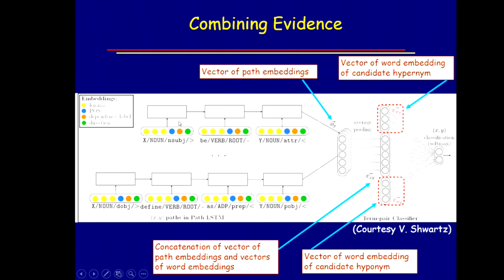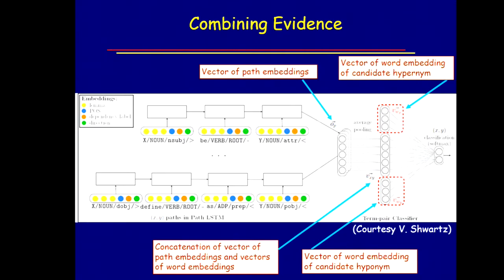You should think of this as words. These would be words that appear in a particular sentence. They appear one after the other, so together they form a path, a syntactic path, a dependency path that connects the candidate hyponym and the candidate hypernym in the same sentence.